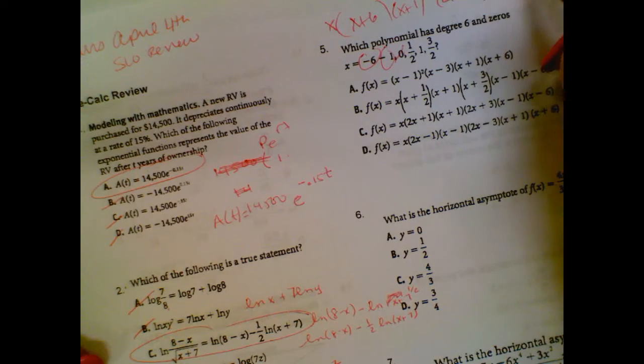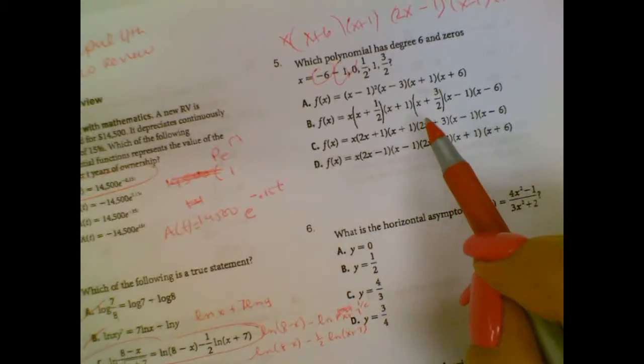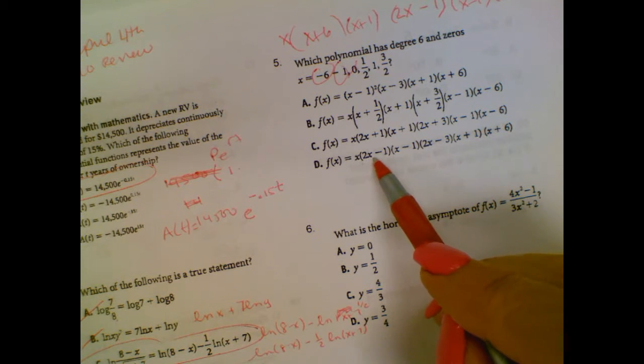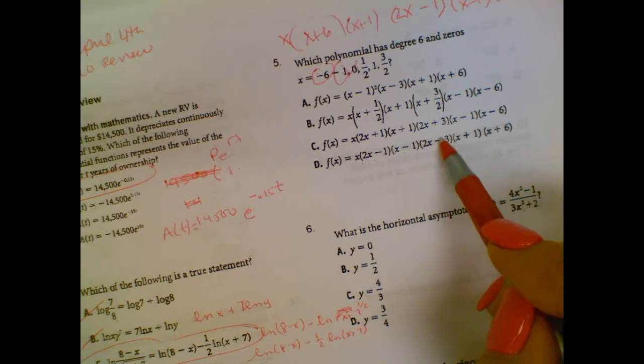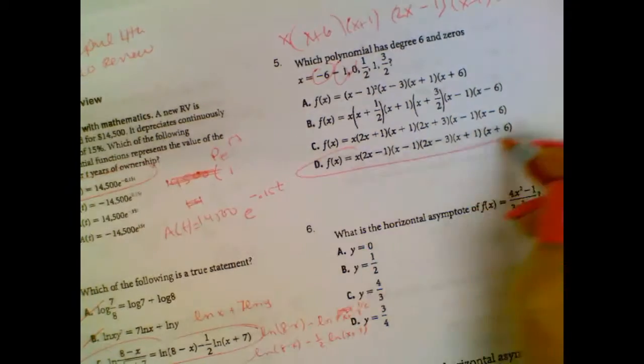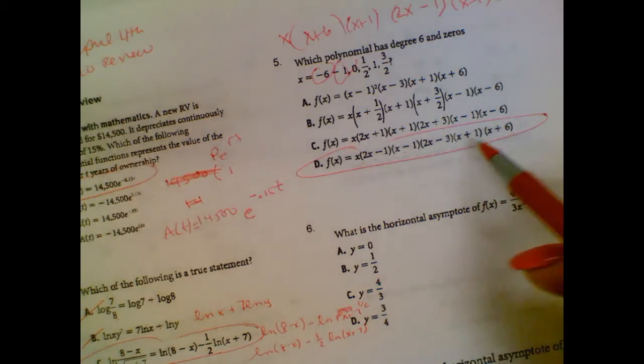And then it's going to be x minus 1, and then x minus 3. Bring the 2 out front, and that's going to be your factors. Which one is it? Looks like this last one. I think it's the last one there.